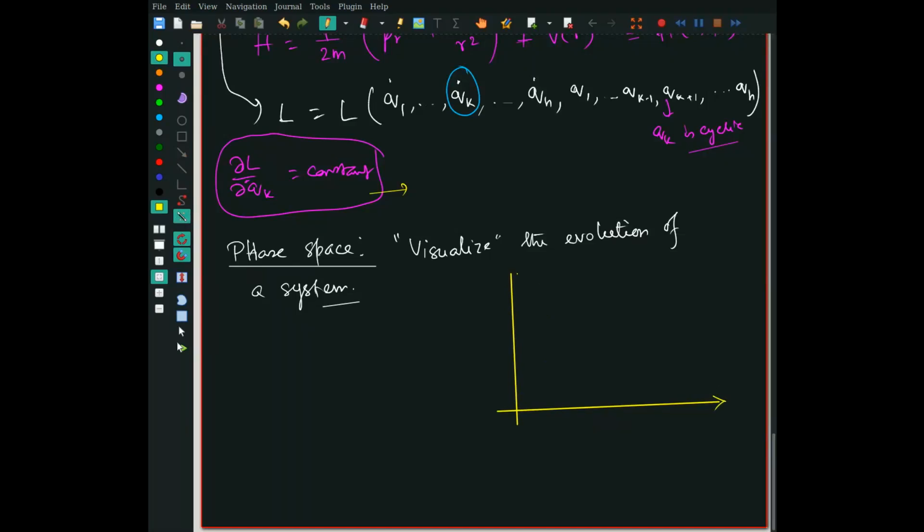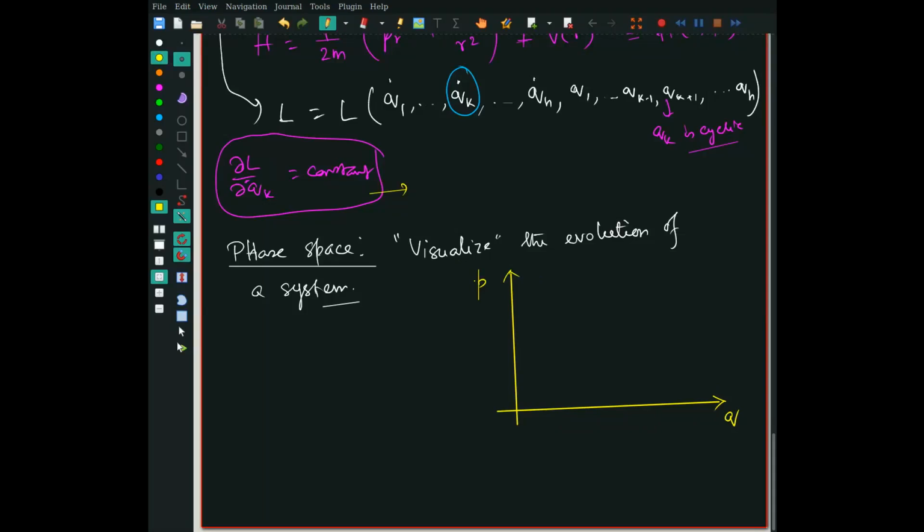Suppose this is my q axis and this is my p axis. So p and q might have some general features. How does it behave in this two-dimensional coordinate system? If you have one generalized coordinate, then your phase space is two-dimensional.